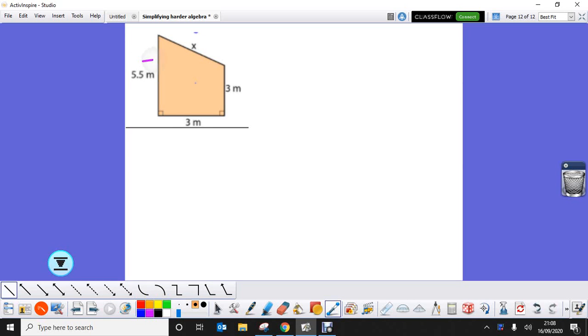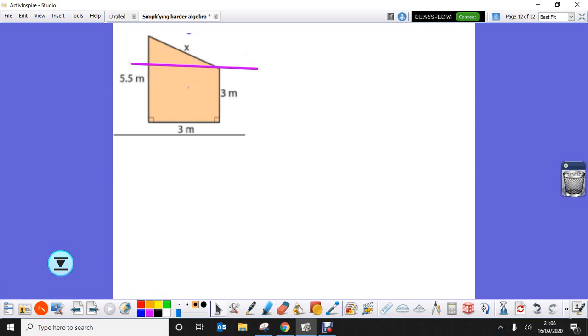So if I draw a little line across here on the top of that shape, okay, hopefully you can see, let's just bring it down a touch. Right, if I cut that across there, you can see I've now turned that into a rectangle, or as it looks there, actually, if you think 3 meters by 3 meters, it's going to be a cube.